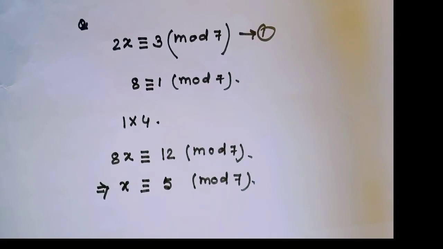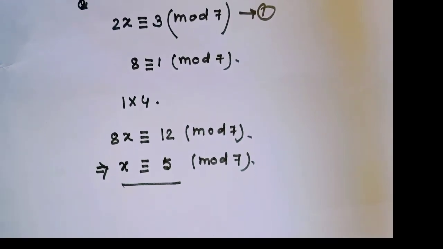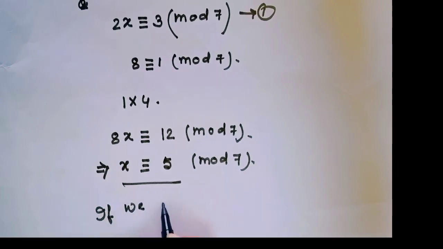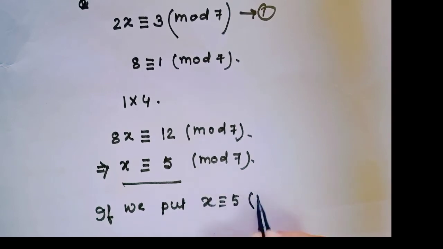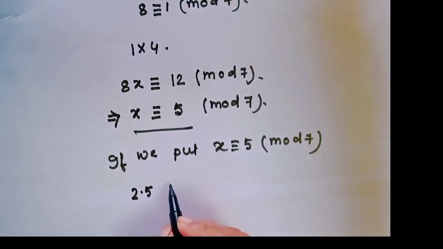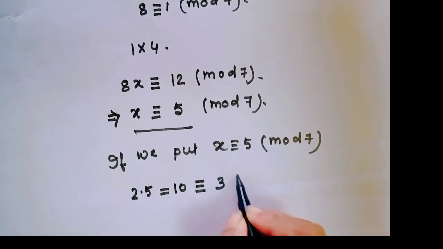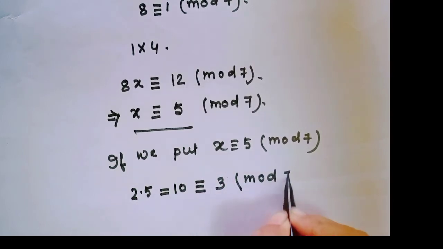Okay, have you understood? That means if we put x ≡ 5 (mod 7), then the equation is 2 times 5, which equals 10, and 10 ≡ 3 (mod 7).